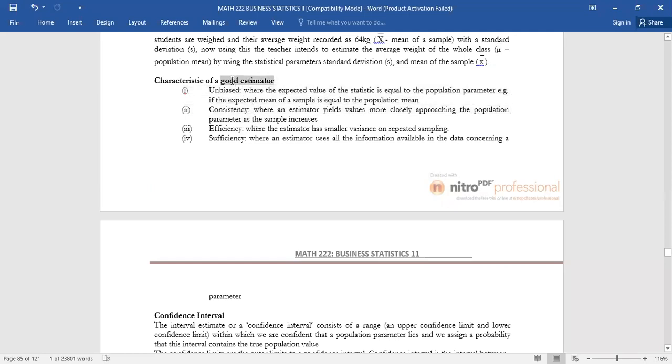So when we are talking of a good estimator, the statistician should make sure that whatever they have chosen represents the entire population. I had given an example. Let's say you want to do research about those people who use public means of transport.